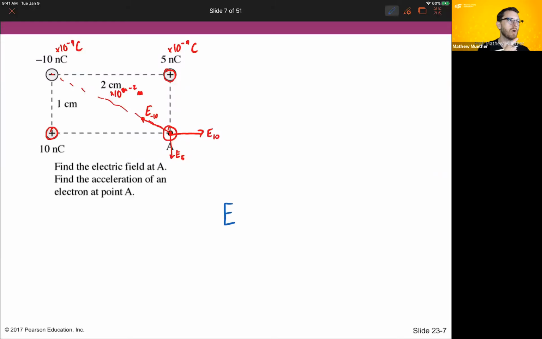This was a question I saw in the Slack channel just before lecture today: how do I know what sign, positive or negative, to associate with forces or electric fields coming from the various source charges?